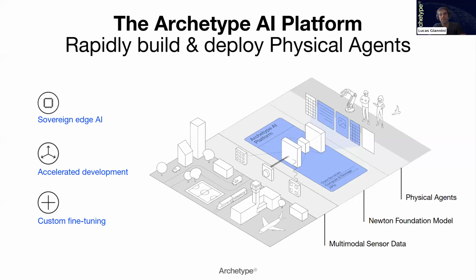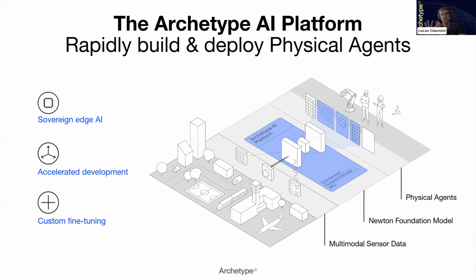the main interface that the users have with our model today is our current platform, right? And the platform exists essentially to accelerate the development and the testing of those physical agents. You can also do some kind of custom fine-tuning there if you're working on a very complex behavior or problem.